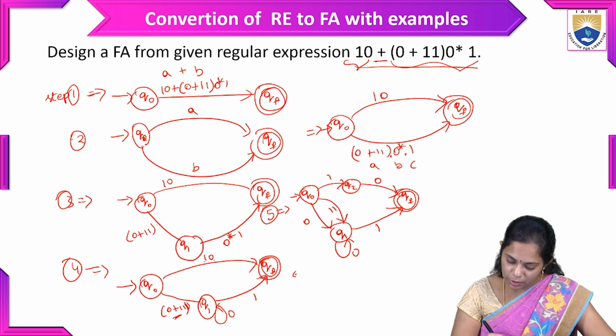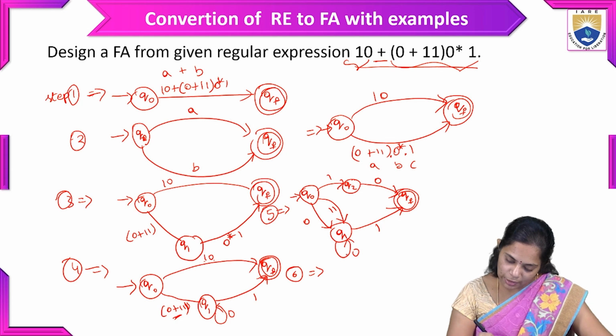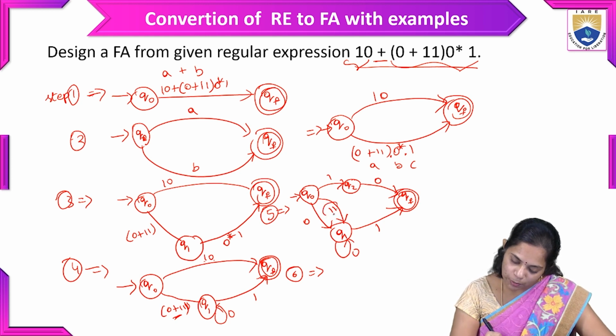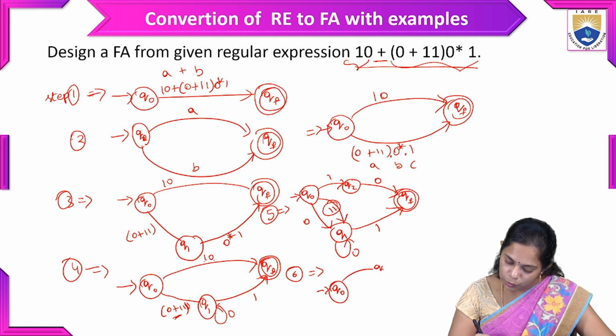After solving this fifth diagram, finally, how do we solve this? 1 1 is there, so one more state we have to add in between. Finally, Q naught has the Q2 state with the 1 input and 0 input, and it is reaching the final state.